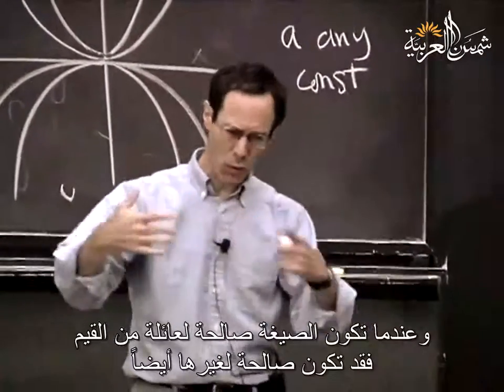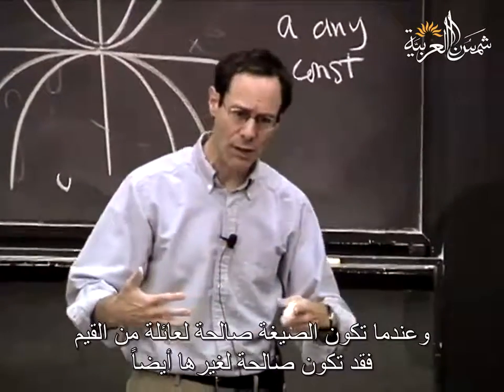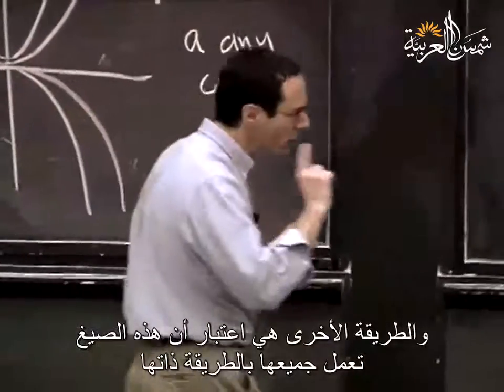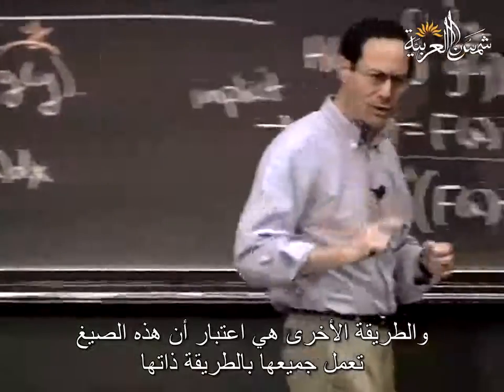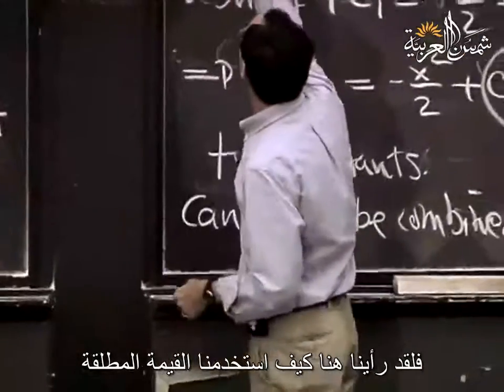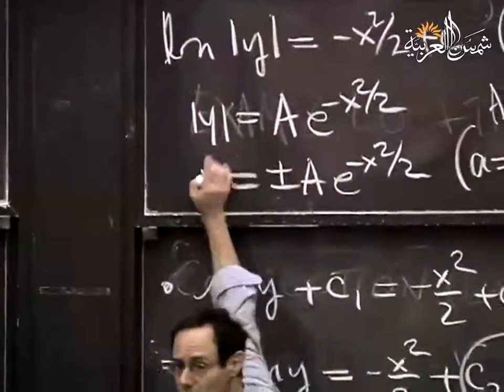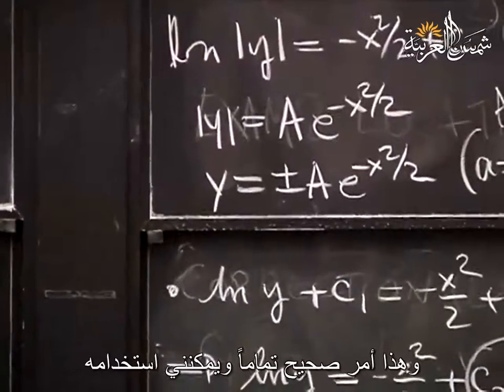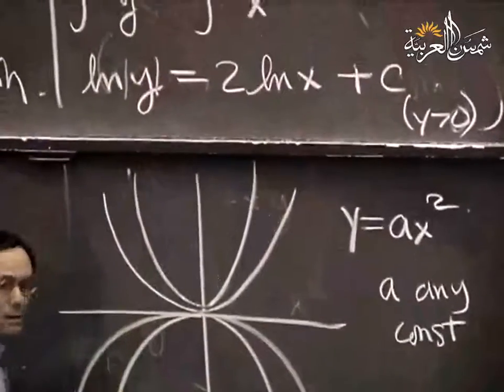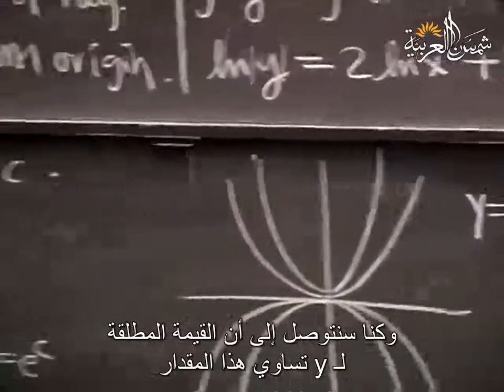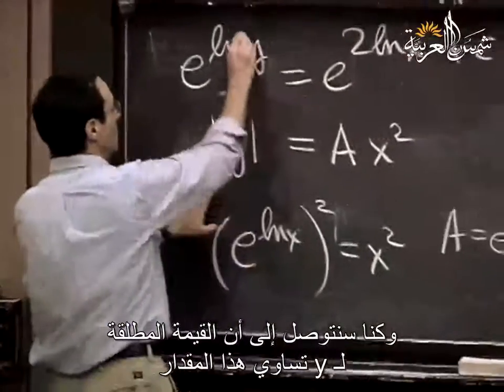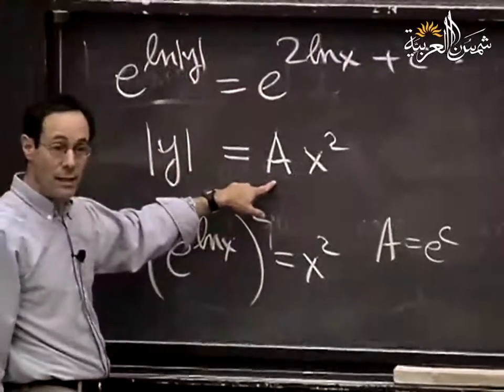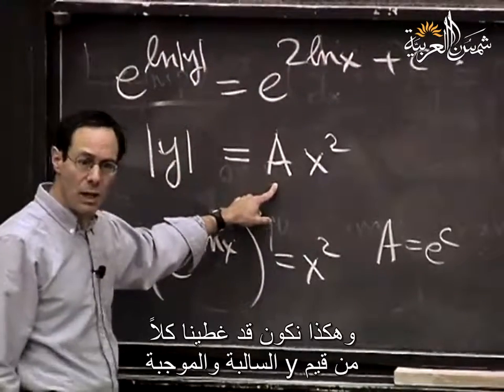When a formula works for some family of values, sometimes it works for others. But another one is to realize that these things will usually work out this way. Because in this argument here, I could have allowed the absolute value. All right? And that would have been a perfectly legal thing for me to do. I could have put in absolute values here. In which case, I would have gotten that the absolute value of this was equal to that. And now you see I've covered the plus and minus cases.